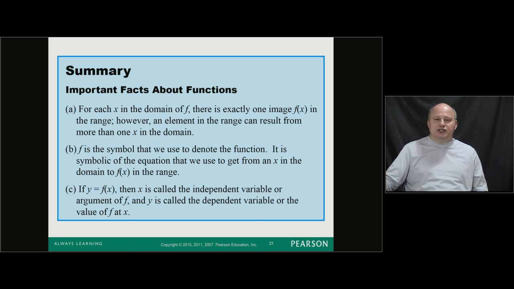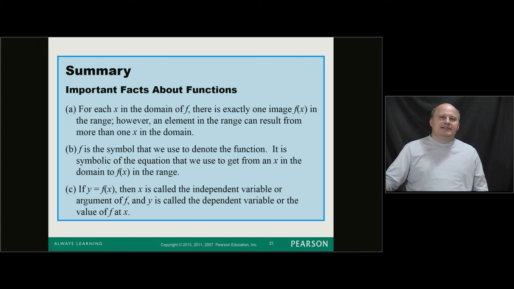But you can have a function g of x, h of x, p of x, r of x. Typically we use f of x as a default. And then the last one here: y equals f of x. Then x is called the independent variable or the argument of f, and y is called the dependent variable or the value of f at x.